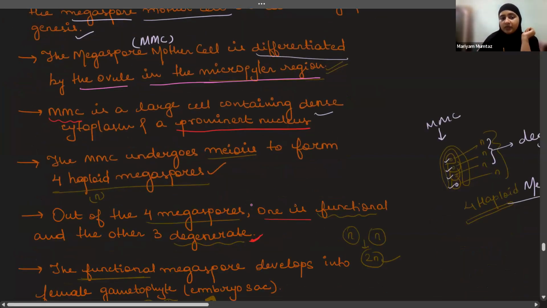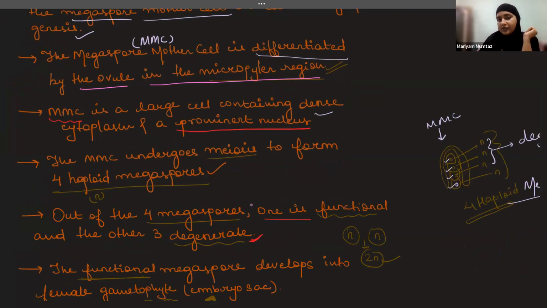Now, this megaspore mother cell is a large cell which contains dense cytoplasm and a prominent nucleus. The megaspore mother cell undergoes meiosis to form 4 haploid megaspores. Just like how in pollen also a tetrad was formed, here also 4 haploid megaspores will be formed.